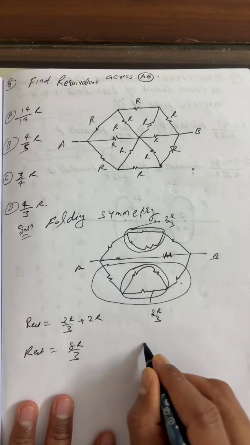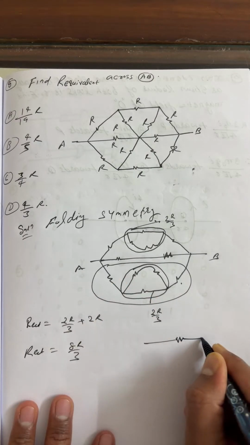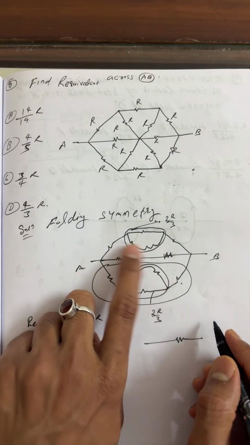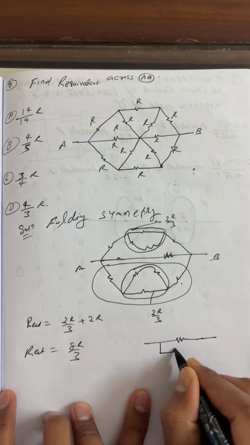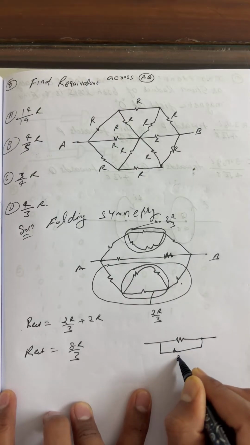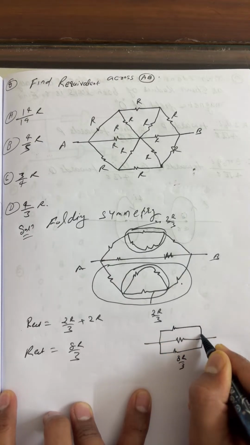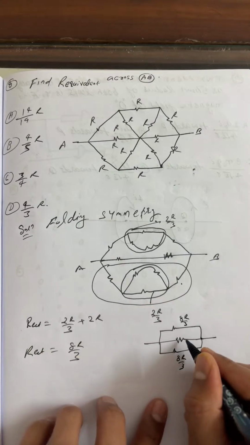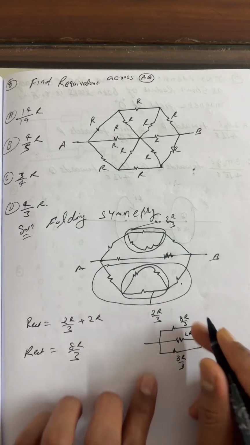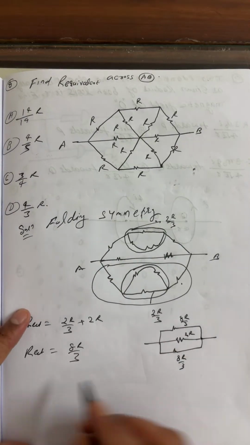This is 8R by 3. Now this R and R in series is 2R. This is 2R, and this remains 8R by 3 and this is also 8R by 3, all in parallel. Finally, you can solve it.